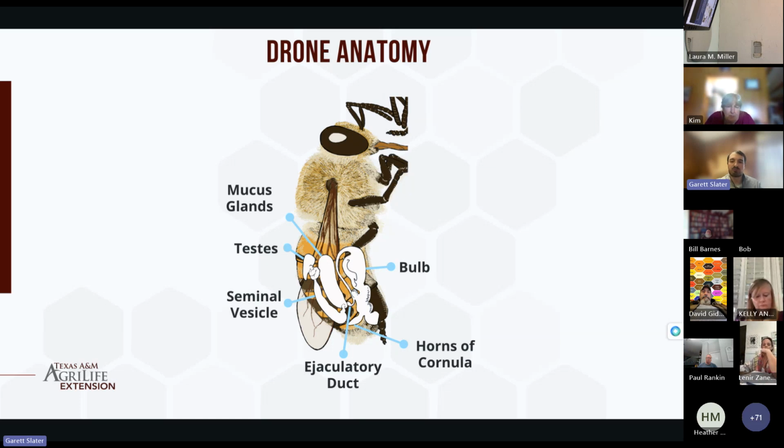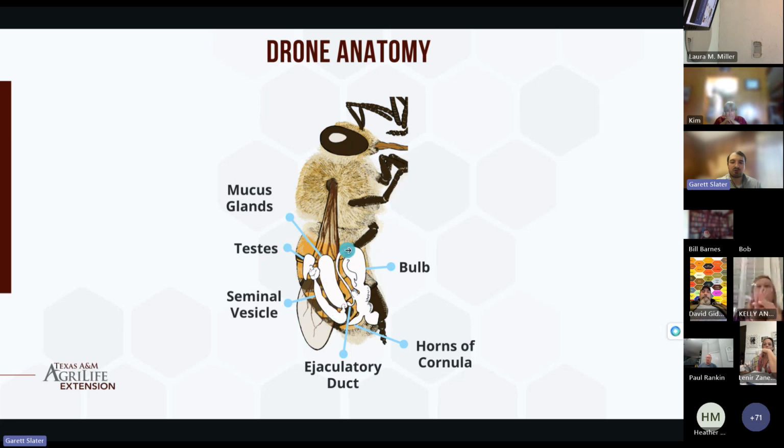They help the sperm live inside the queen, so some of these proteins are actually inseminated with the sperm to keep them alive in the queen for longer. A lot of these proteins serve as antioxidants. Some are antimicrobial. So this is all to say that there are a lot of proteins in these mucus glands, and they have a lot of different roles for the drones.